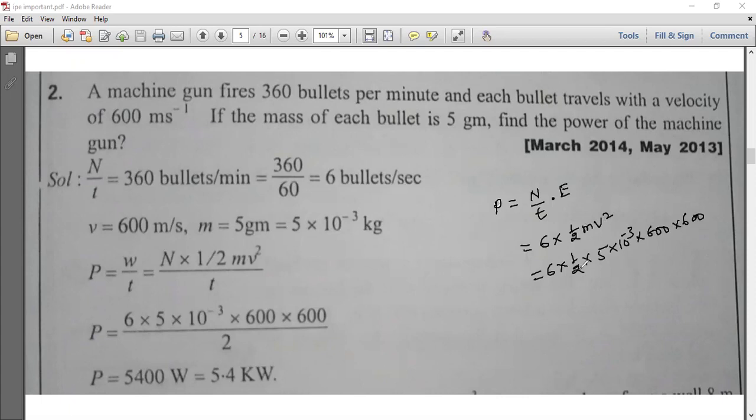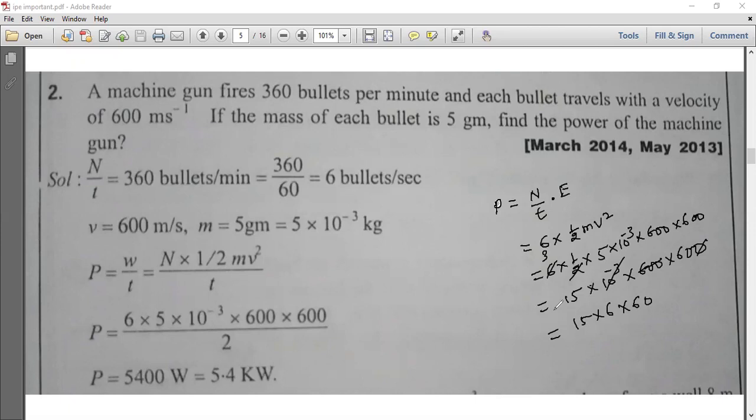So if you solve this, how much are you getting? Just do 15 into 10 to the power minus 3 into 600 into 600. This 0 and these two zeros will get cancelled with this. So you are getting 15 into 6 into 60. How much is this?